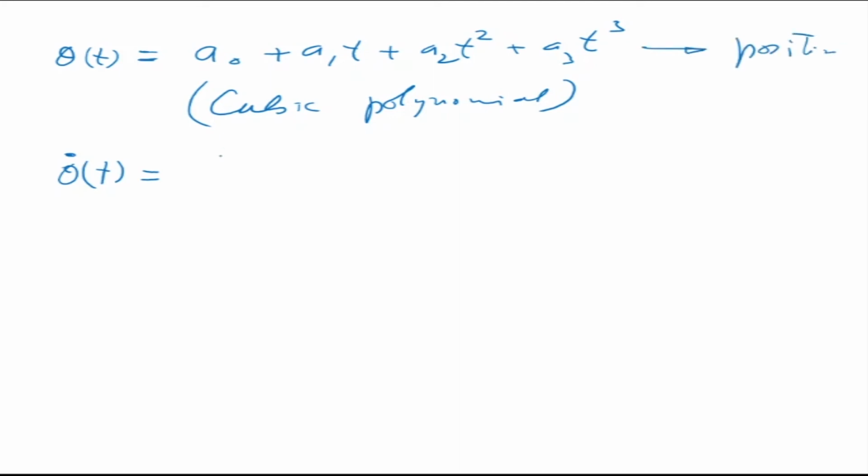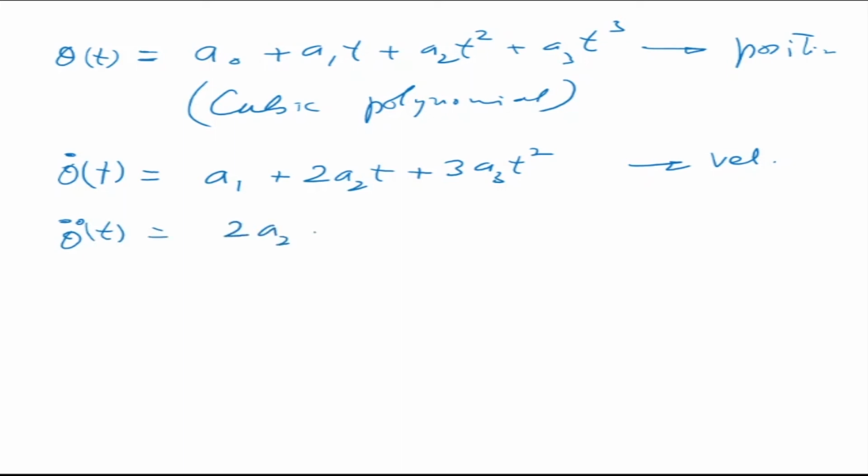What is velocity? I take the derivative, which is theta dot of t equals a1 plus 2 a2 t plus 3 a3 t squared. This is my velocity. If I differentiate again, theta double dot of t, which is acceleration, is equal to 2 a2 plus 6 a3 t. So now I have my position, velocity and acceleration equations.